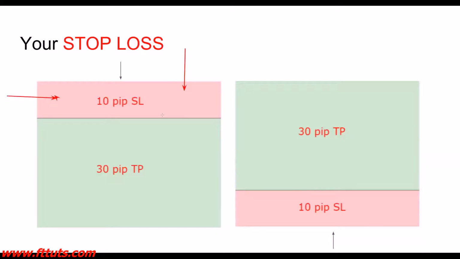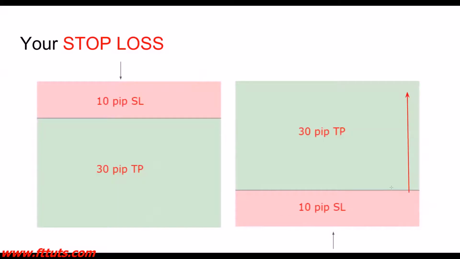Well, this indicates to us that if we expect price to push down, we get rewarded. If price pushes up and then eventually hits this area of our stop loss, we get taken out of the trade, okay? Now, again, this is our reward if we're buying the market.